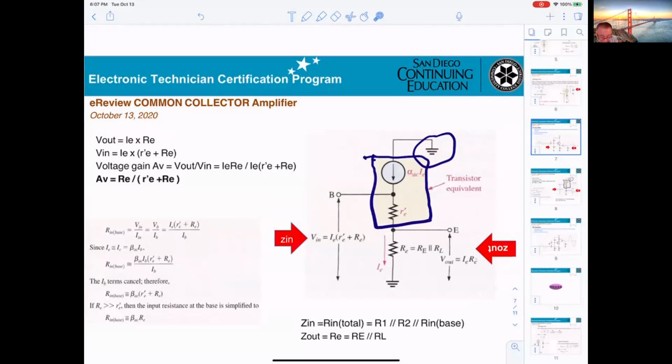That's what I gave you here. So you take the voltage gain, V out divided by V in. IE will be cancelled out, so you get only R small e divided by R prime E plus R small e. That will answer some students asking how you get this formula. If you want to get a formula here, you have to go from V out equals and V in equals.